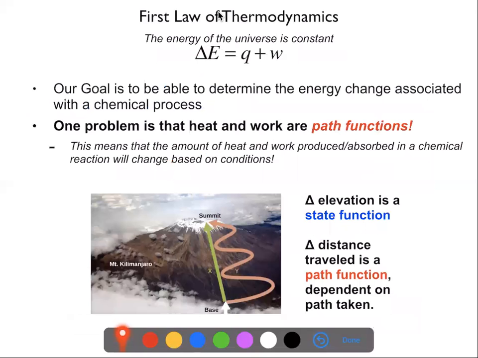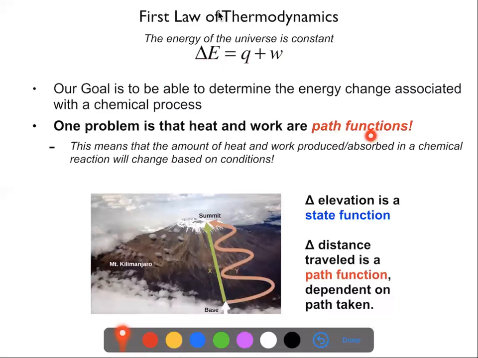Now, when we think about this first law of thermodynamics, one of our goals is going to be to determine what was the energy change associated with a chemical reaction. So how much heat or how much work was produced from a chemical reaction. And it's actually not a trivial thing to do. One of the problems is that heat and work are what we call path functions.